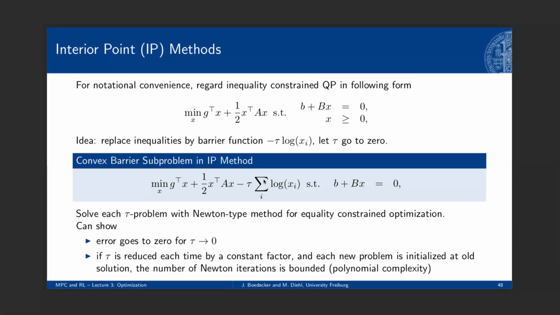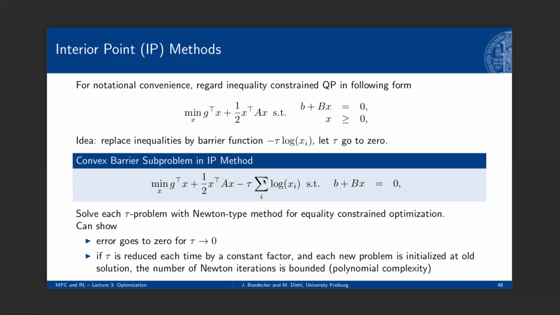But now the real working of an interior point method is the following. So you have for each tau a different problem, and if you make tau very, very small, your barrier problem is basically as if there would be infinite penalty for 0 and below 0 and no penalty for positive x, right? So it's actually approximating the original problem very well if tau is very small, but it's also getting this complete non-smoothness back into the picture.